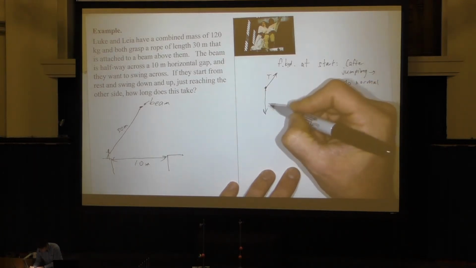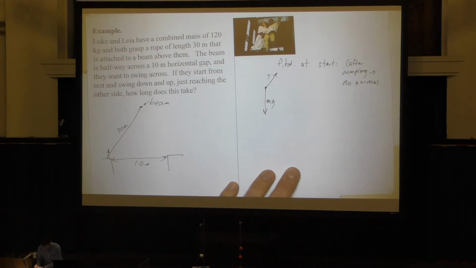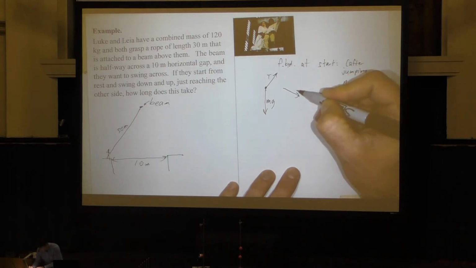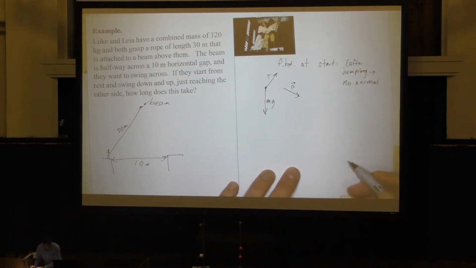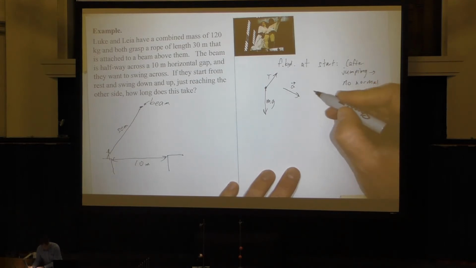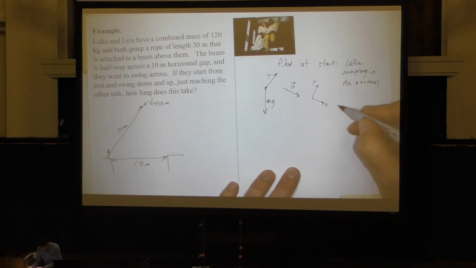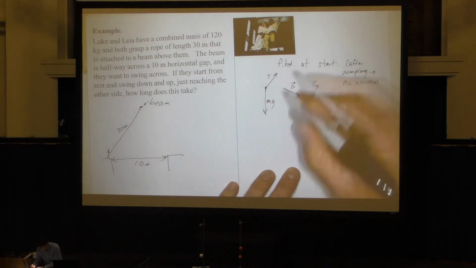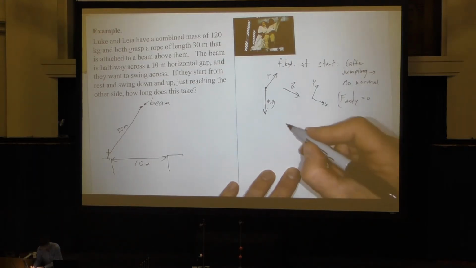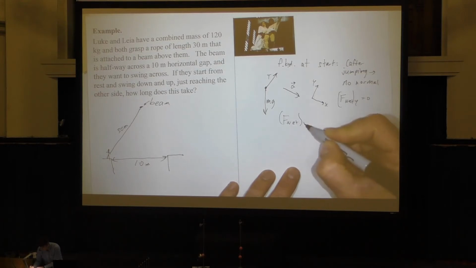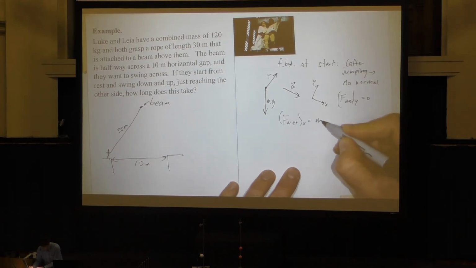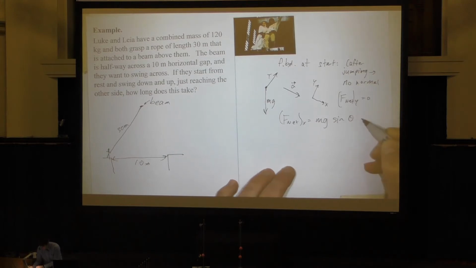Then you've got gravity acting down, and I think that's it. And they're going to accelerate in this direction. And so we can tilt our axes, I guess, if we want. Set x to be this direction, y to be this direction. And we can say that F net in the y direction is equal to 0 because it's not going to accelerate up or down the string. And so F net in the x direction is equal to mg times sine theta, I think.